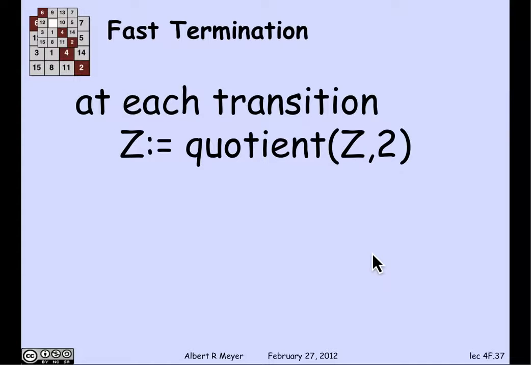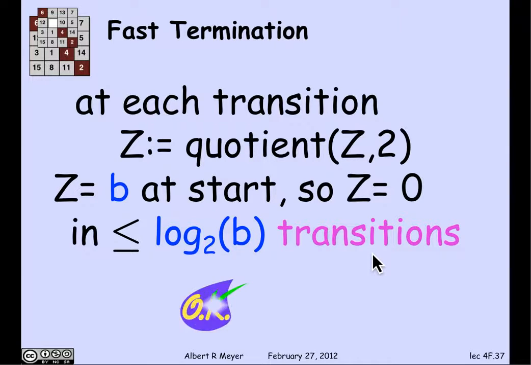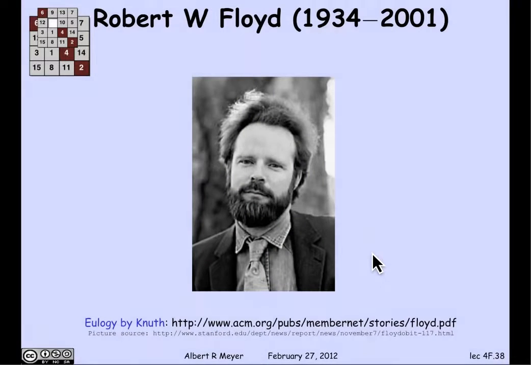And since we're halving it, or making it even smaller than half of it, at every step, it means that since it starts with the value b, it can't get smaller more than log to the base 2 of b times, because by then it would have hit 0. And so we can be sure that this machine makes at most log to the base 2 of b transitions. And then it has to get stuck at the only place that it can get stuck, which is when z equals 0.